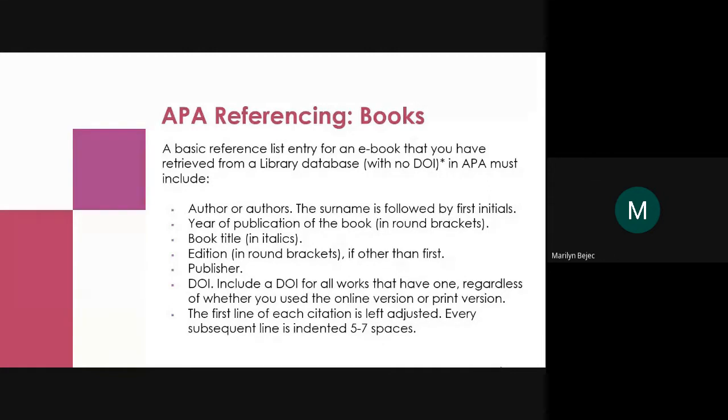Then you have the DOI for all works that have one, regardless of whether you used the online version or printed version. The first line of each citation is left adjusted, and every subsequent line is indented 5 to 7 spaces.